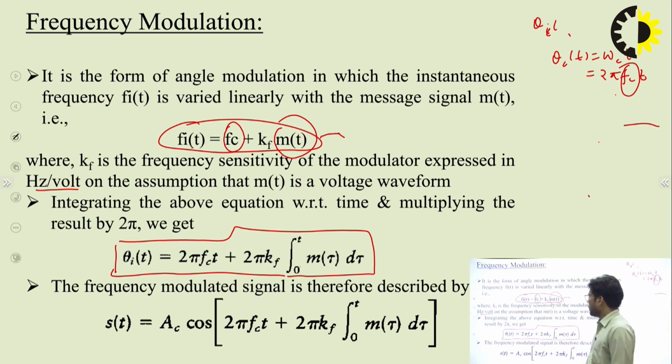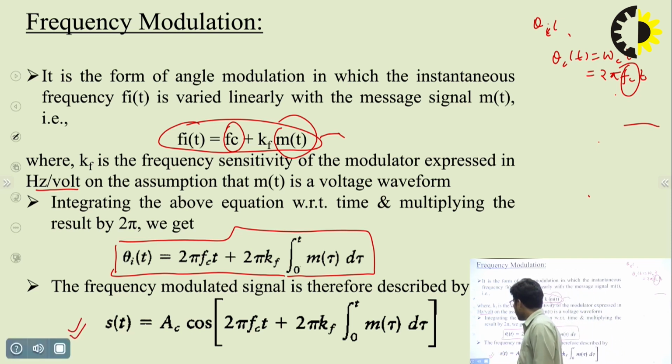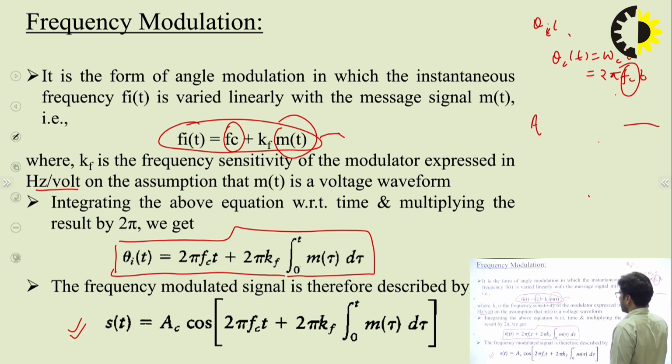So finally we have the frequency modulated signal equation by putting this equation in this Ac cos theta i(t). So we have to put this theta i(t) here.